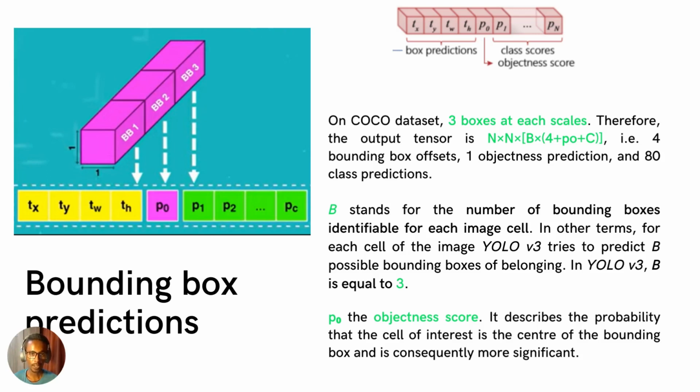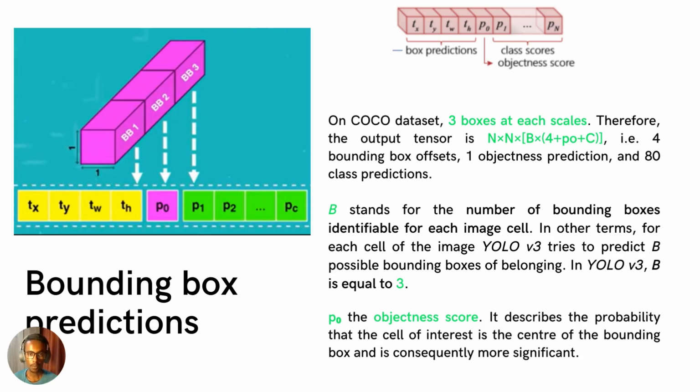Therefore, the output tensor is going to have the dimension of the image, N by N, then B multiplied by (4 plus p0 plus C). 4 represents the bounding box offsets, 1 represents the objectness prediction, and 80 represents the class predictions.